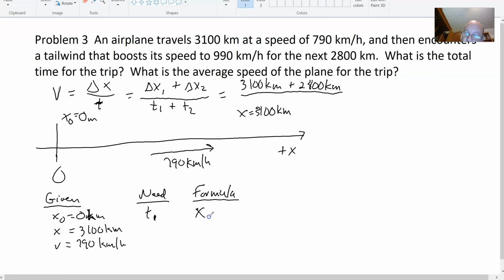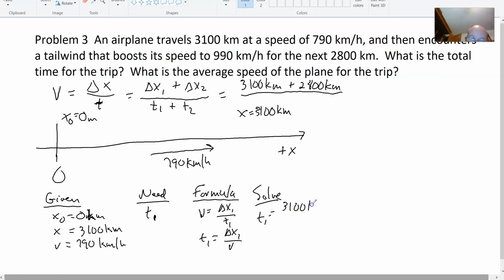So I know a velocity formula, right? v equals change of position delta x over t. And I can rearrange that to say that t1 equals delta x1 over v. And then I can solve this. t1 equals, and my change of position is 3,100 kilometers.